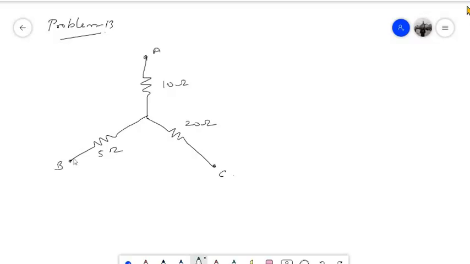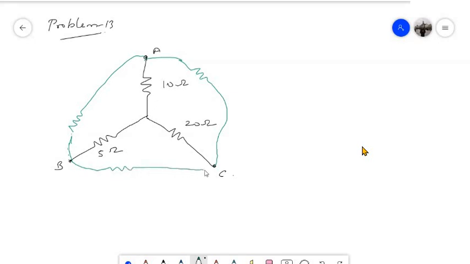Convert this into a delta network. Now what is this? Let's say we take this as RA, and this we are taking as RC, and this we are taking as RB. Now what will be this resistance, what will be this resistance, and what will be this?